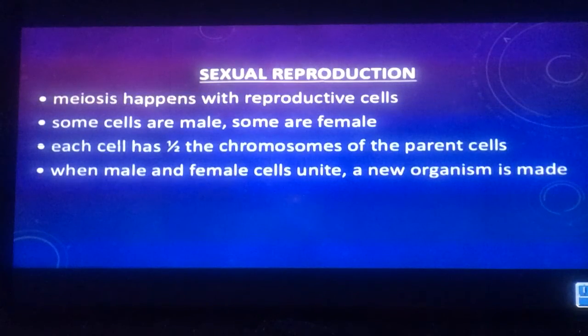And then eventually your reproductive cells will join with other reproductive cells to make a new organism. So male reproductive cells and female reproductive cells will unite and make a new organism.